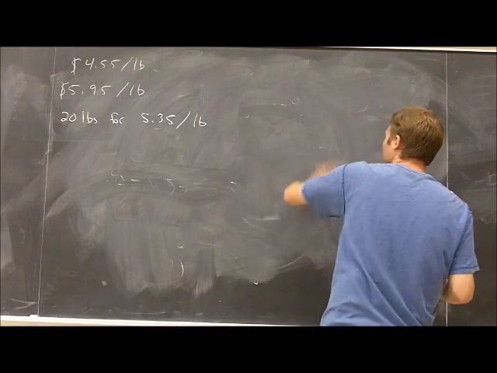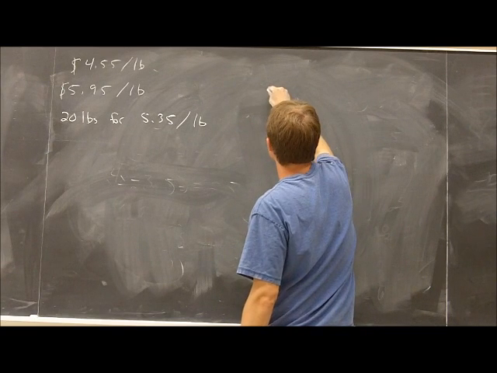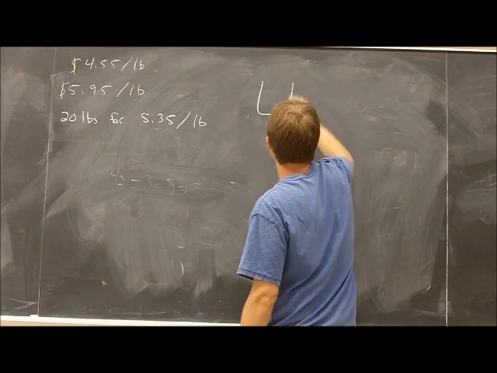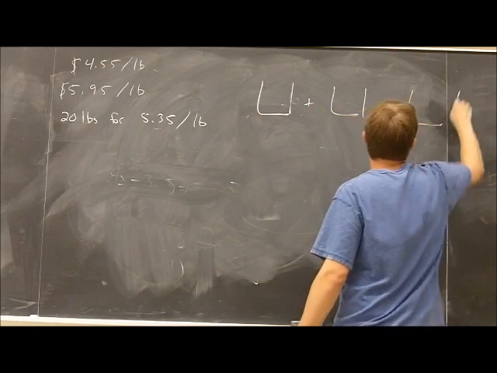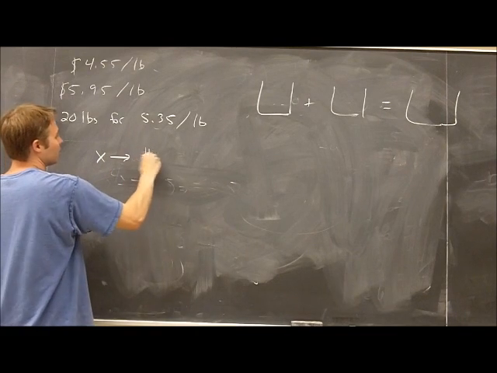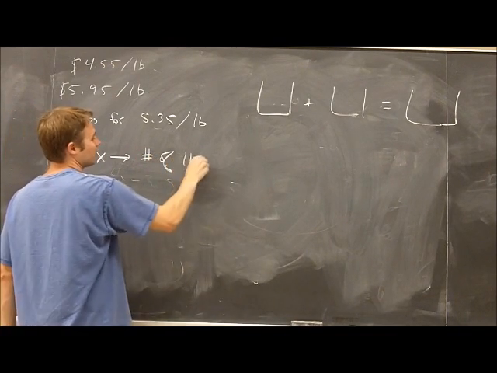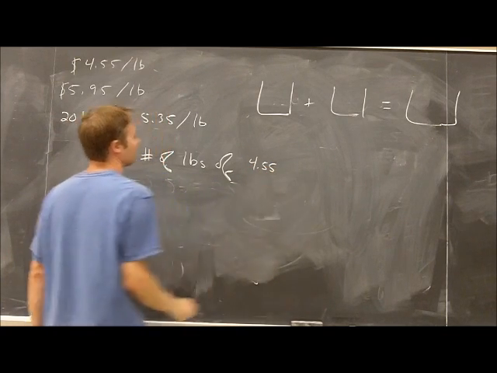Well, the easiest way to do this, which is a little different than the way I'm doing it in the notes, is to come up with a system here. I'm first going to just define some variables, and we'll let x be the number of pounds of the 4.55 coffee.